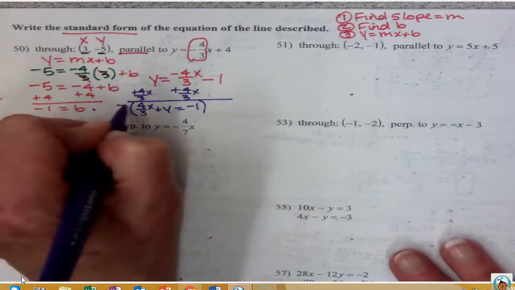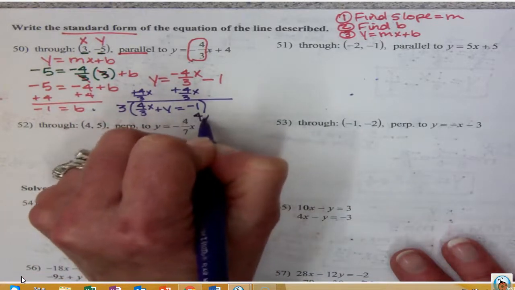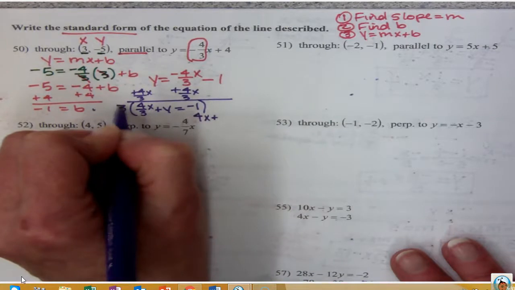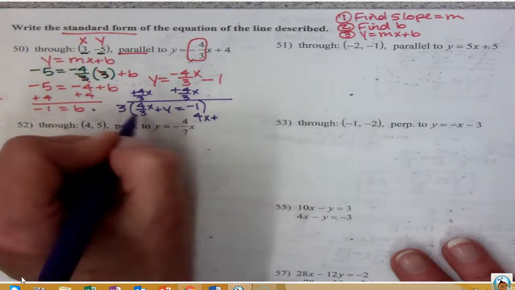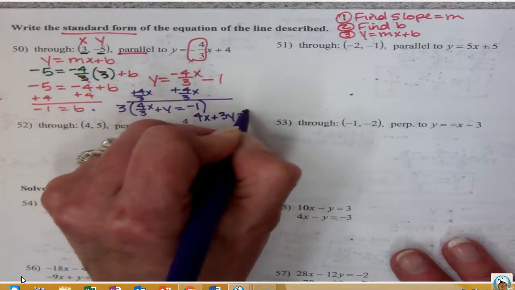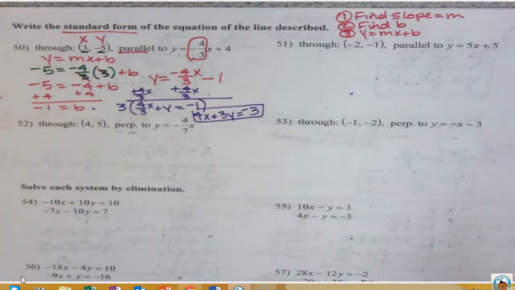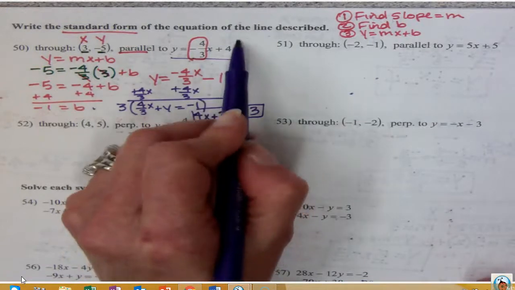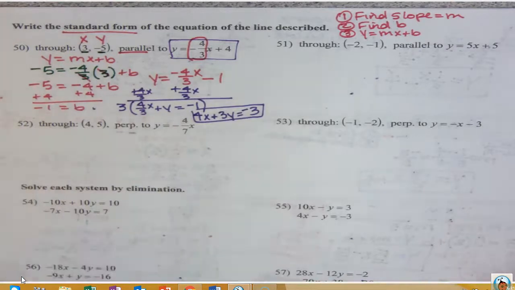And when I do that, I'm going to get 4x plus, because these cancel each other out, I lose my denominator, so it's no longer a fraction, plus, but then when I multiply 3 times y, I get 3y equals -3. So there is my standard form equation of a line that is parallel to this line and goes through that point.